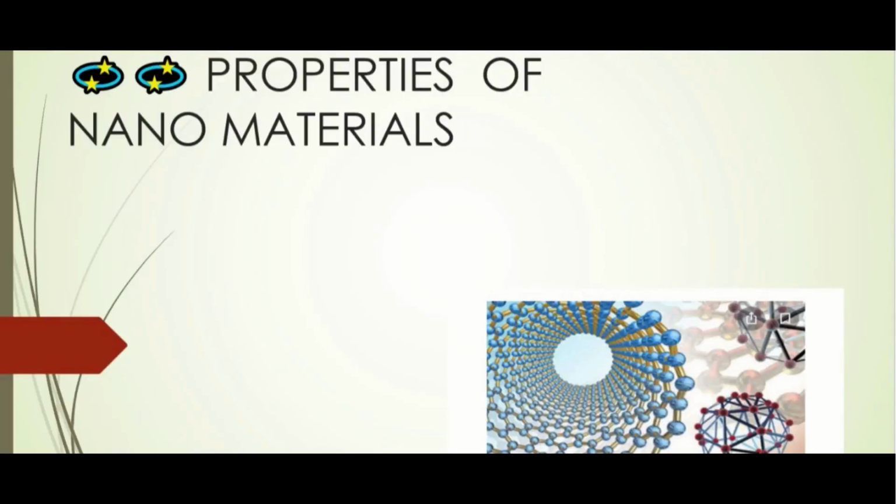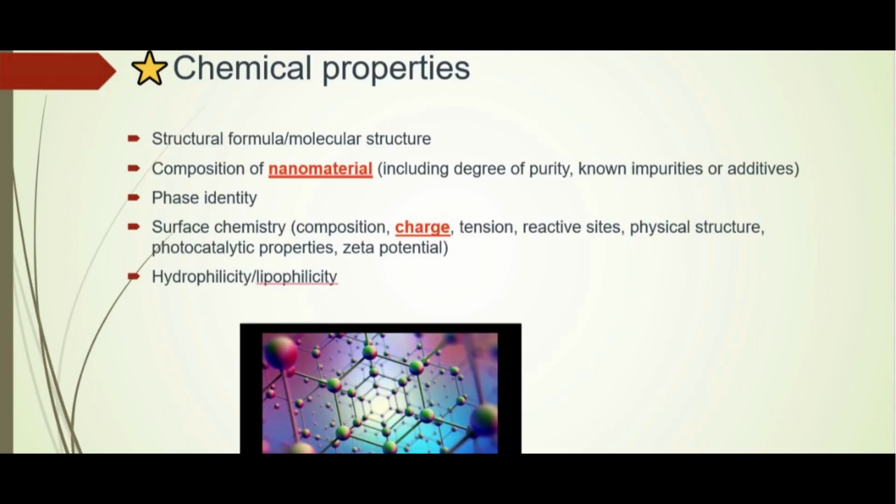Properties of nanomaterials. Now, coming to chemical properties. Chemical properties of a surface are determined by its structural formula or molecular formula, and the composition of nanomaterials, including degree of purity, known impurities or additives, its phase identity, or its hydrophilicity.